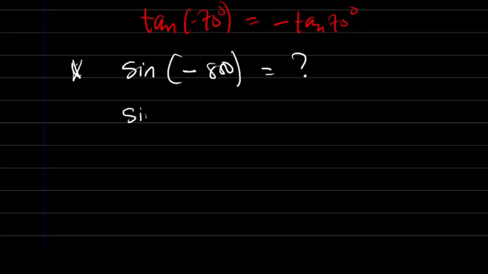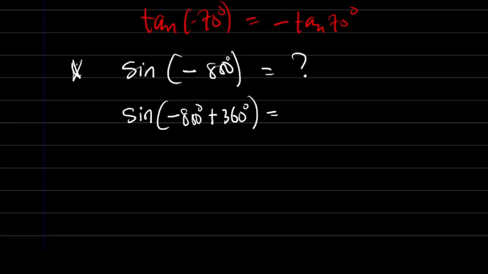In the previous video, when dealing with positive angles, we were subtracting 180 degrees or 360 degrees. Now we will be adding 360 degrees. I told you, adding or subtracting 360 for your angle doesn't change anything.